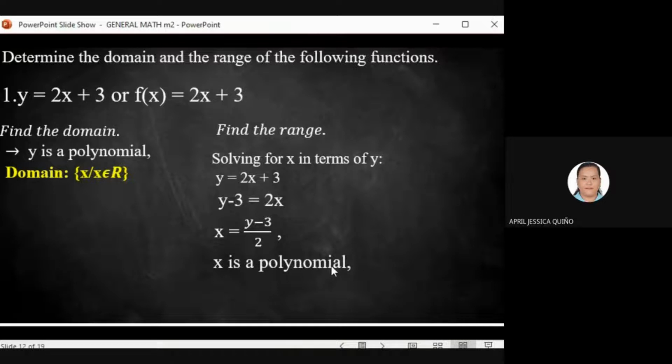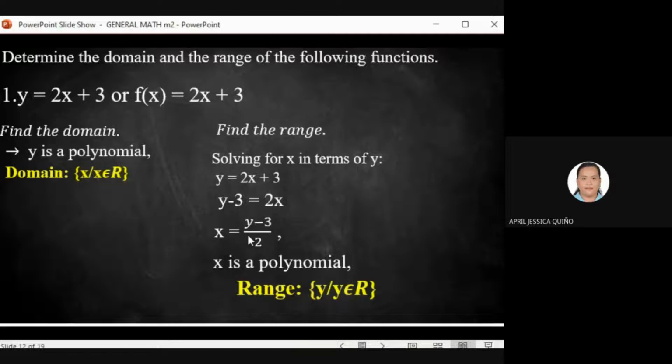x is a polynomial. This is not a rational expression because we have our y as our numerator. Since we have y as our numerator, this is considered as polynomial. Therefore, if it's polynomial, we can tell that the range is y such that y are elements of real numbers.